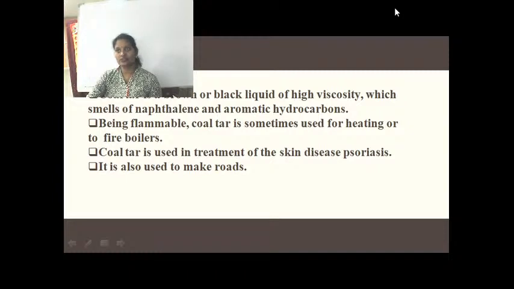These are the byproducts we get from coal tar. Being inflammable, coal tar is sometimes used for heating or to fire boilers. Coal tar is also used in the treatment of skin diseases, that is psoriasis, and it is also used to make roads, that is, the surfacing of roads.